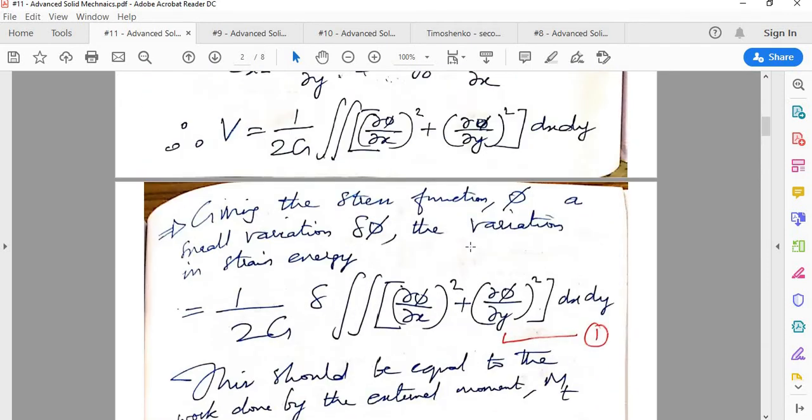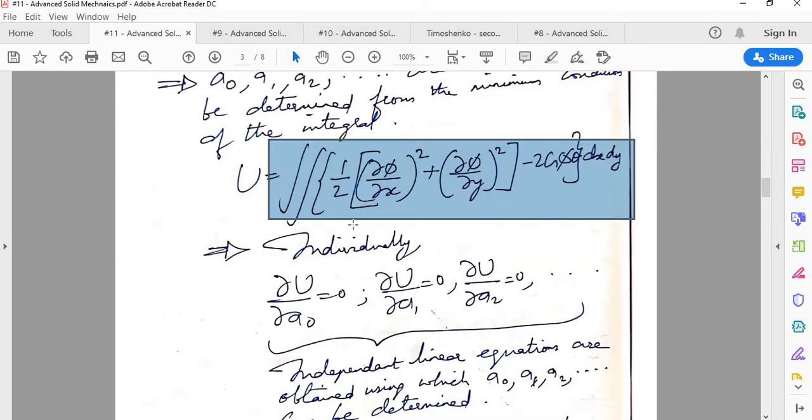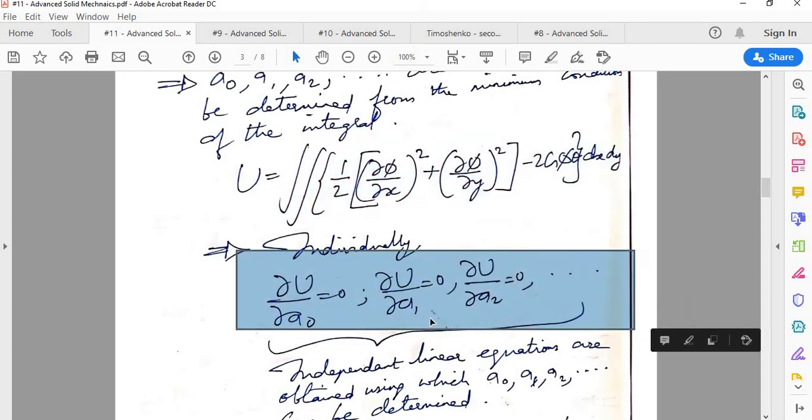Strain energy is actually the original expression, but anyway, so this expression for u, the partial derivative of u with respect to a0, a1, a2, individually they should be 0.